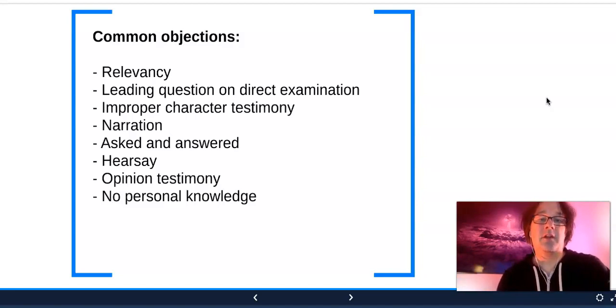Another objection would be no personal knowledge, meaning this person doesn't know the answer to that question, right? If they give an answer, it's basically just going to be speculation at this point. So you might hear the opposing attorney ask a question that you know damn well that witness has no idea.